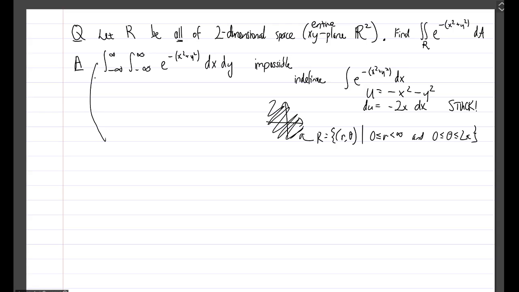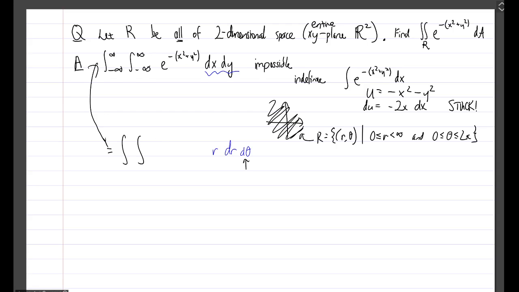So this integral right here is going to be equal to the following. The dx dy, that's the dA, and as before, that's going to become r dr d theta. Let's write in our integral signs, and theta is on the outside.